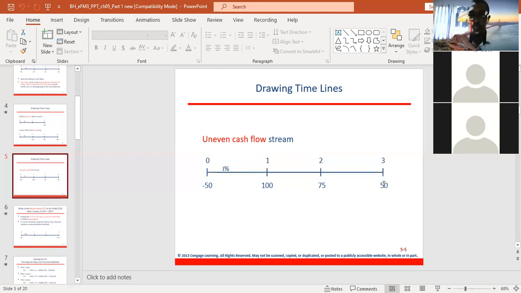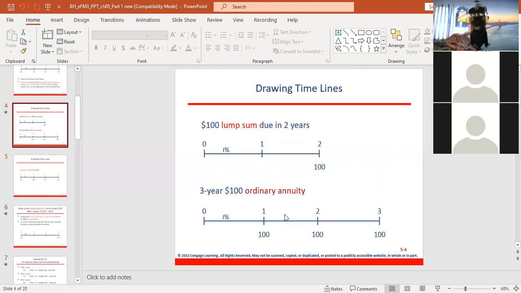We call it uneven cash flow. This type of cash flow pattern is a bit complicated to solve, but later on, I will show you how to do this in one of the topics in this course. But we'll be focusing more on the annuity, and sometimes we'll also be solving problems regarding lump sum.